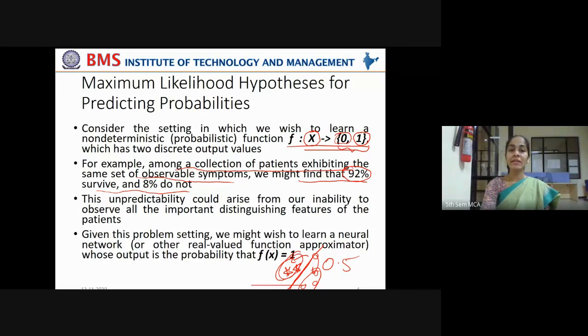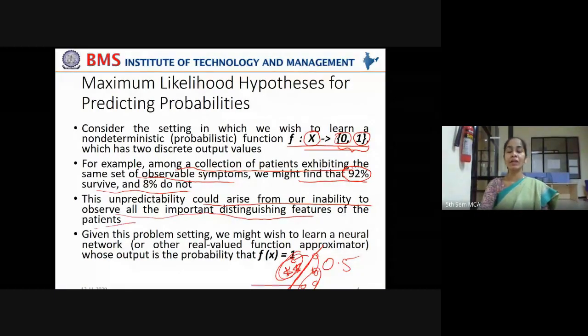Why? This unpredictability could arise from our inability to observe all the important distinguishing features of the patient. In real time, you can't observe each and every distinguishing feature for a new data point. Means there are some features which may not be observable.